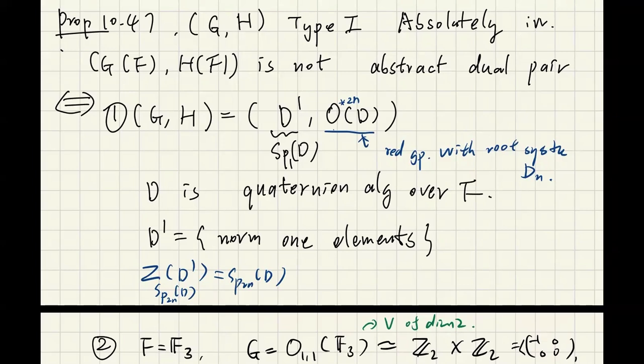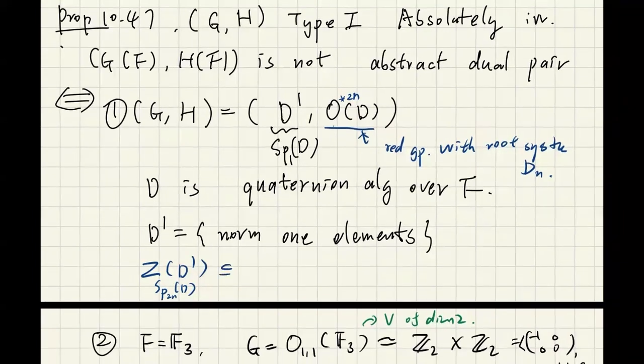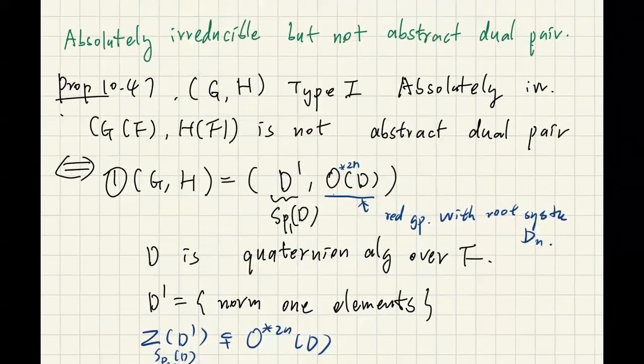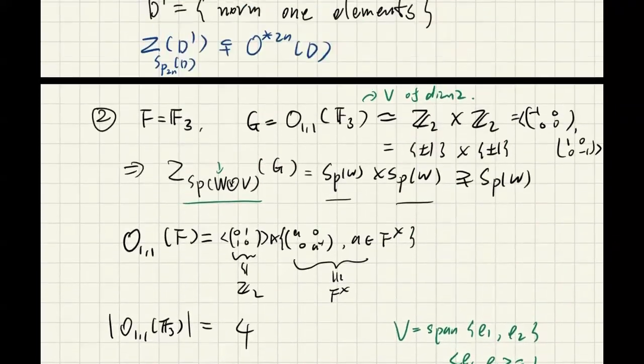Okay, sorry, I'm not sure what the centralizer is in this case, but I'm sure that it is larger than O star 2n(D). Okay, so these are the two exceptional cases. So maybe any question?